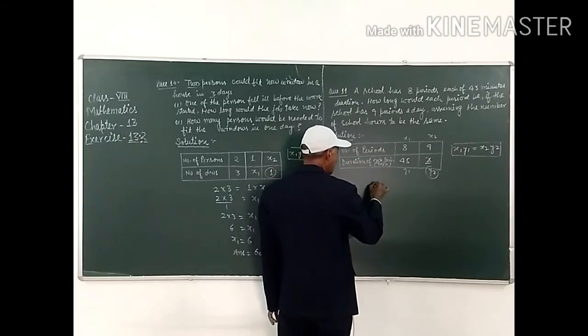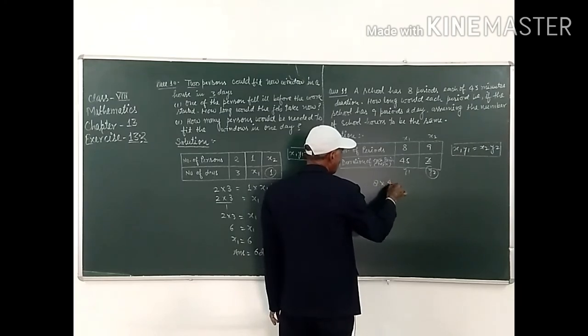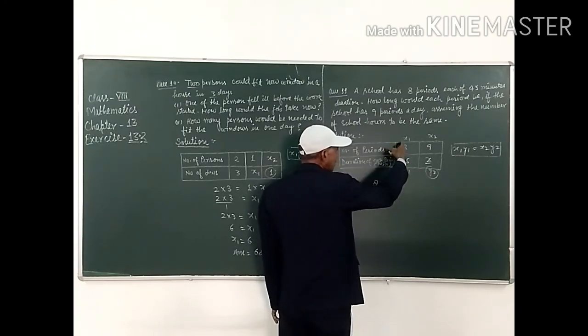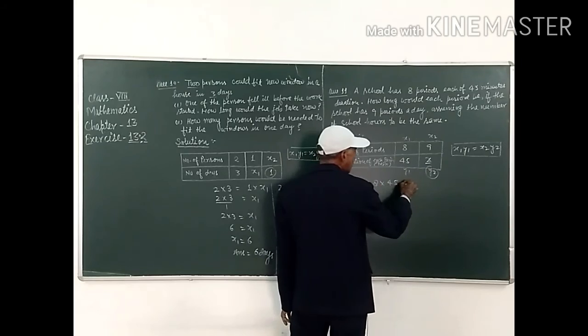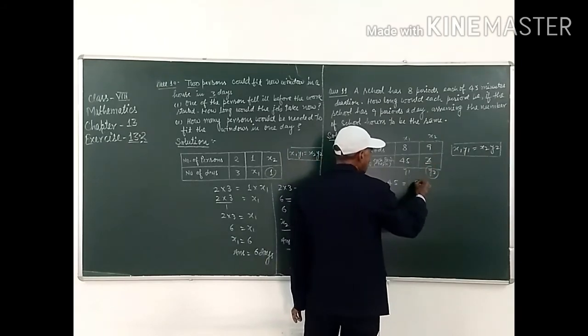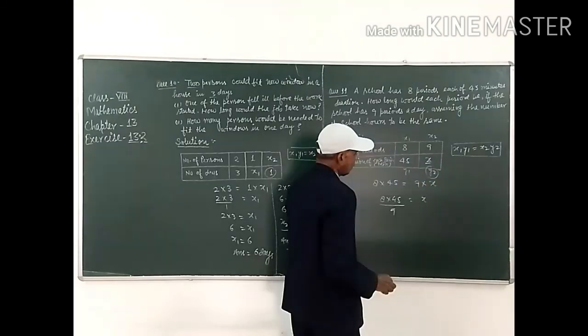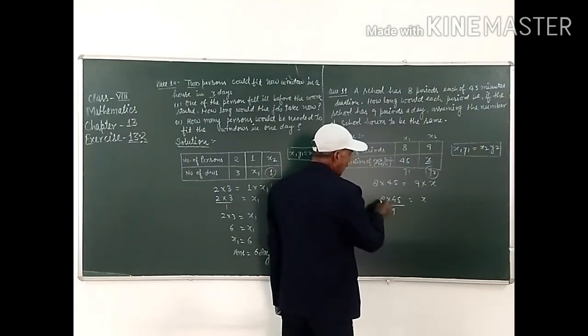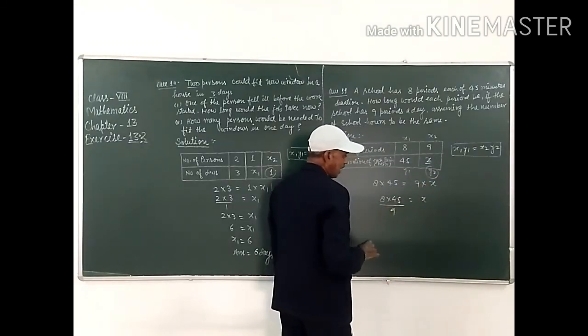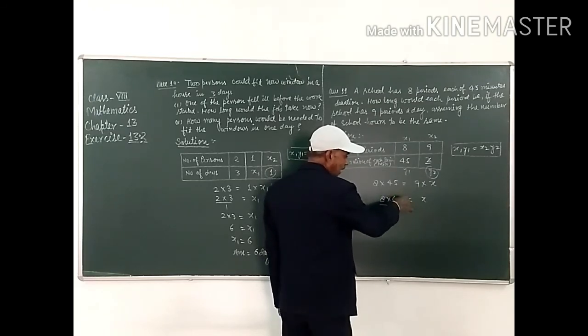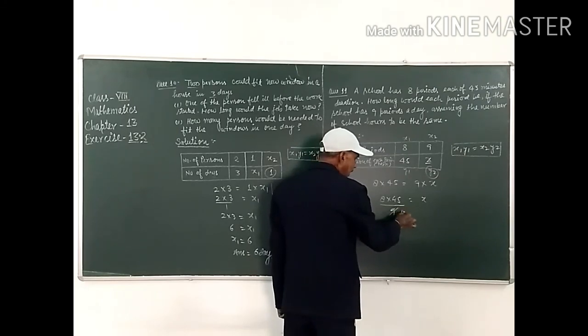So this one will be 8 into 45. x1 into y1 is equal to x2, that is 9, into, in place of y2 there is x. x is equal to 8 into 45 by 9. Now, we have to divide 45 by 9. 9 ones are 9 and 9 fives are 45.